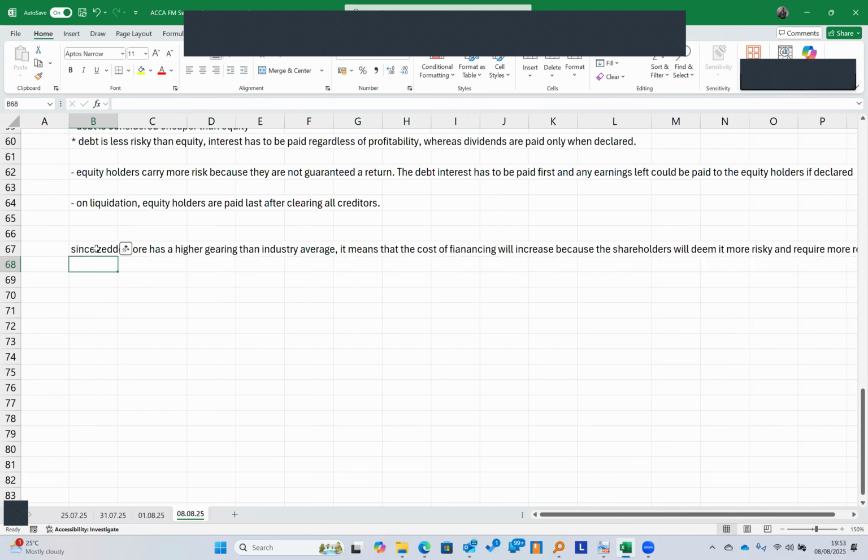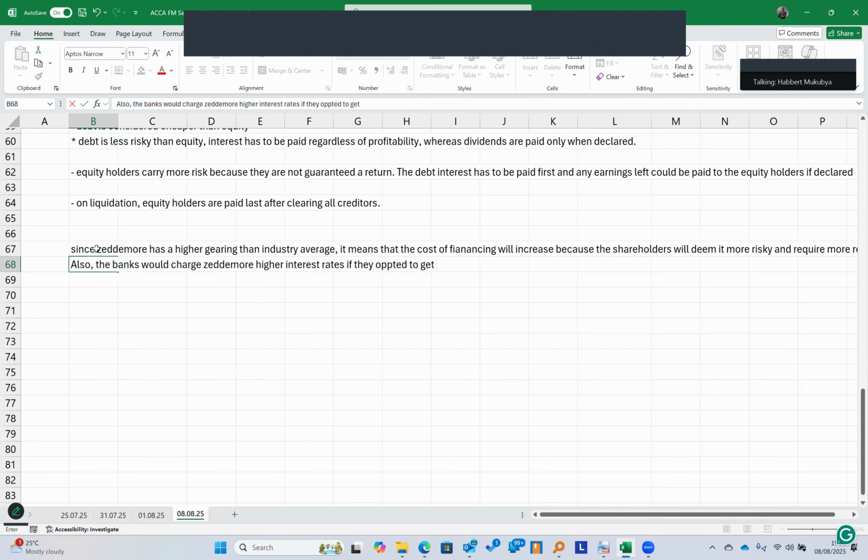Another thing you can say also, the banks would charge them more interest or higher interest rates if they opted to get debt financing.